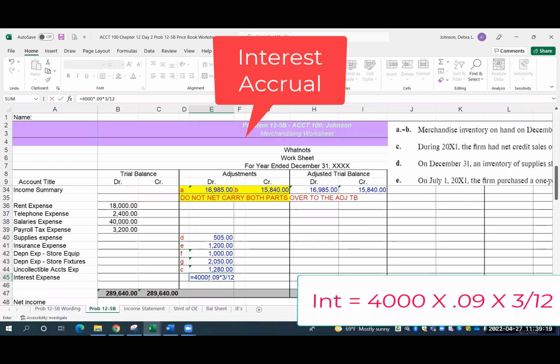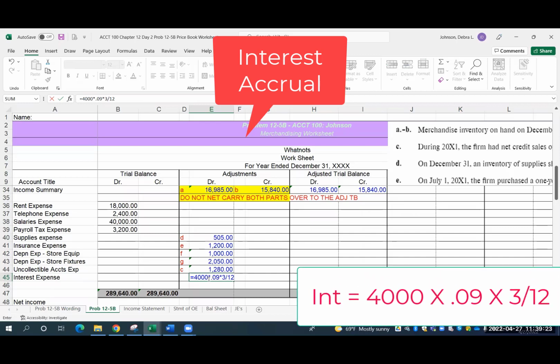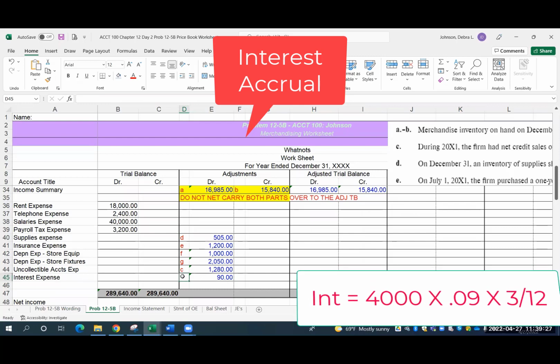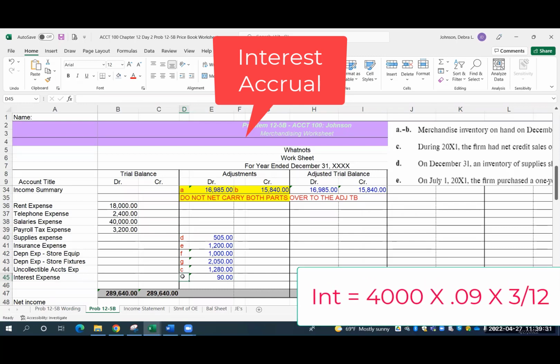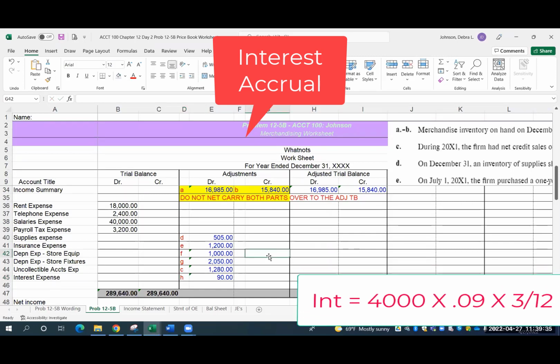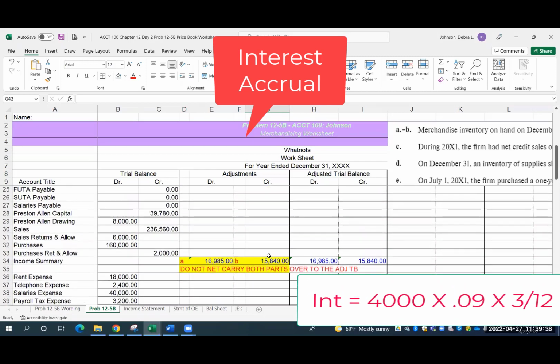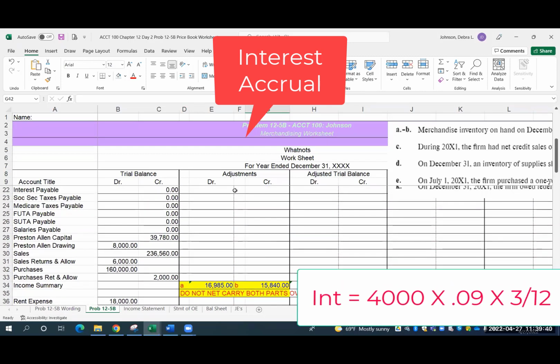So the time that is passed is October, November, December. 3 out of the 12 months have passed. When I do that, I get $90. Anybody else? Okay, that's letter H. And interest payable is the offset. So I'm going to go up to the payables and find interest payable and put that $90 in there.